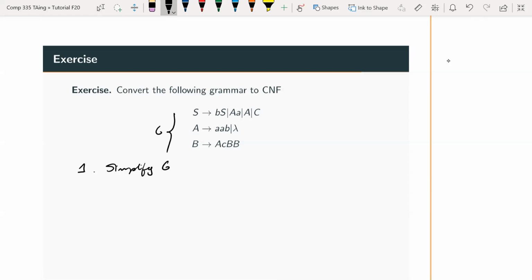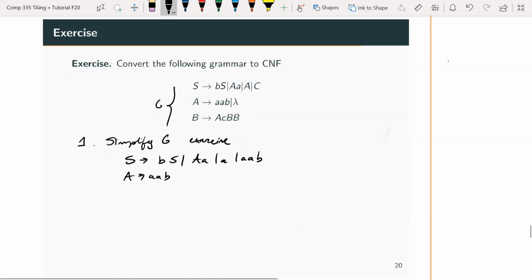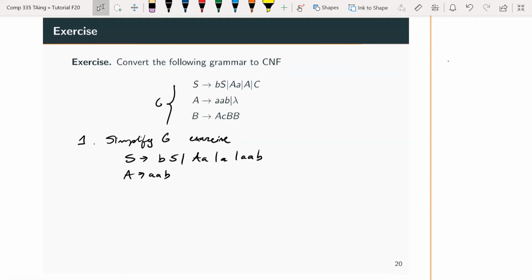I'm going to leave that as an exercise for you. I'm just going to directly give you the simplified form. That's going to be S gives you bS, S gives you aA, A gives you a, B gives you b. Okay, so somehow you should get this simplified grammar G, okay?